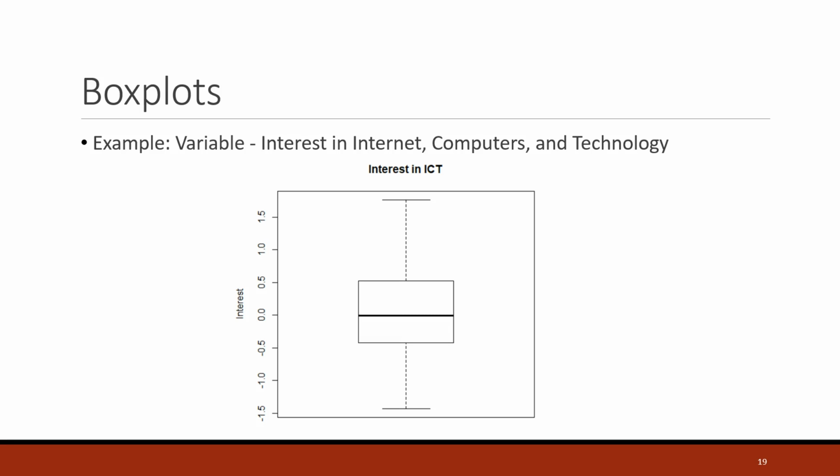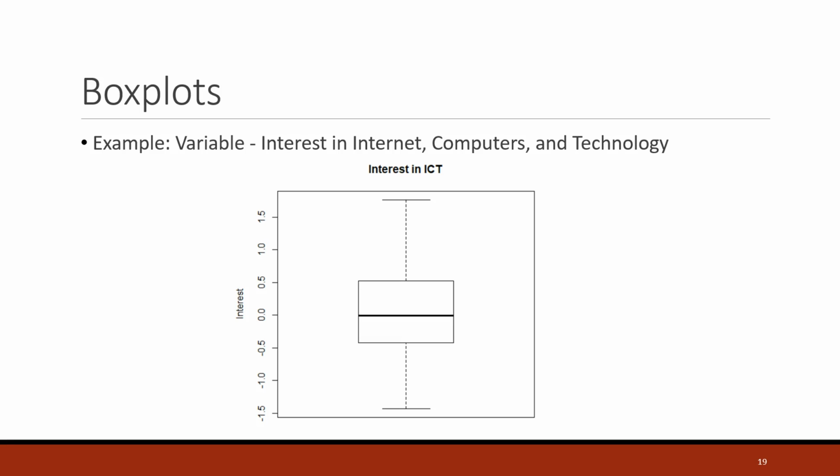Okay, for an example here then, we have our interest in internet, computers, and technology variable. And again, the box part of our box plot, the bottom horizontal line, is the first quartile. The bolder line above it, near around 0.1, is the median or the second quartile. And then the line above that at around 0.5 is the third quartile.